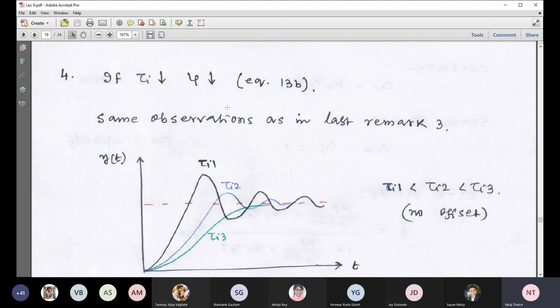So it is just the reverse, because tau I is present in the numerator, whereas Kc was present in the denominator.